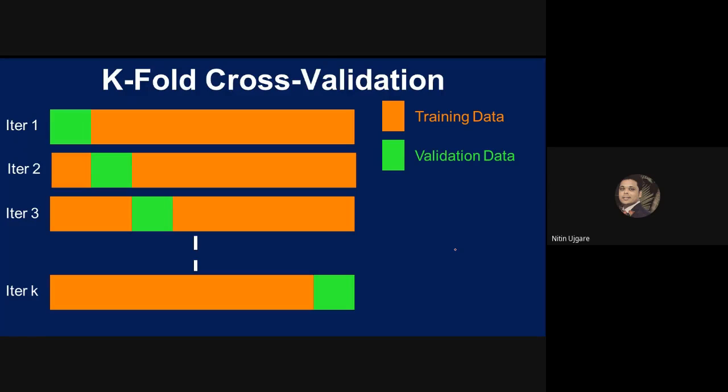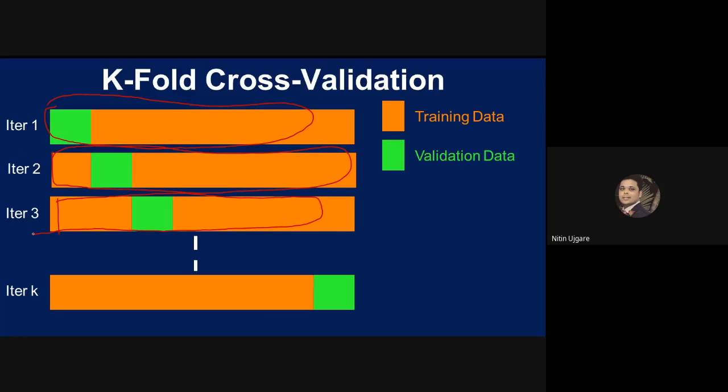So the first split will get 25 samples, the second split or second fold will have the remaining 25, the third split will have the remaining 25, and so on. So the data set will be split into k folds of equal size.